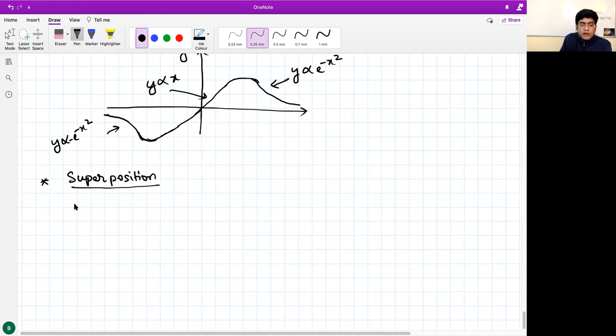So, superposition. Now let's discuss what happens. We have been doing this superposition from whenever we started with physics, in school, but we didn't call it this way. So superposition is in classical physics.